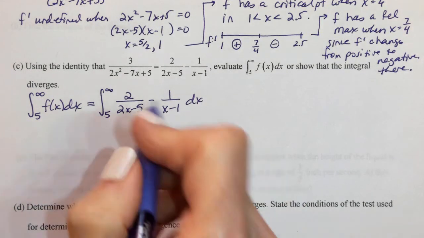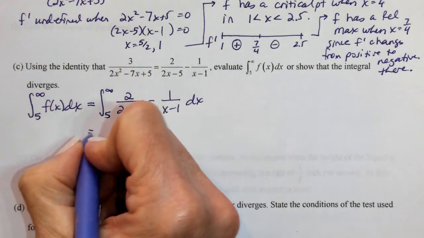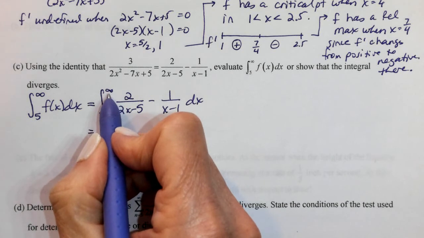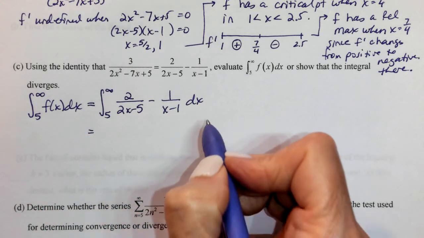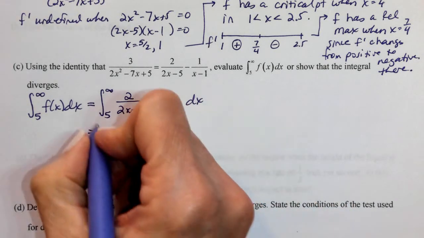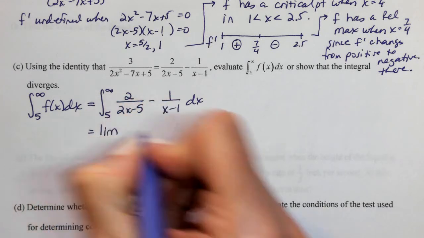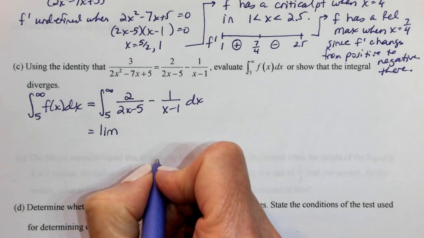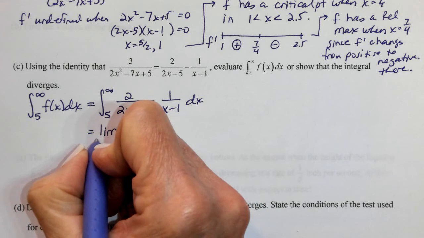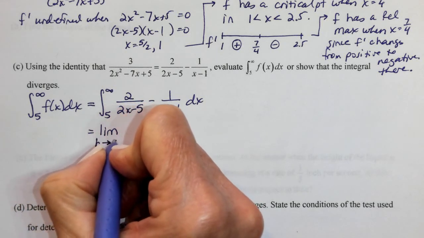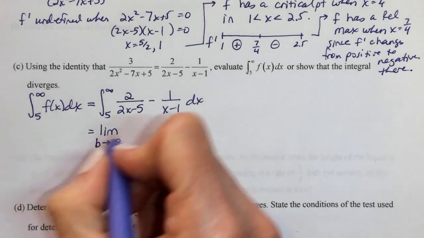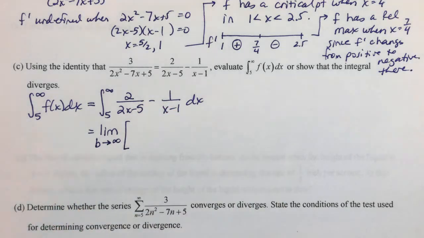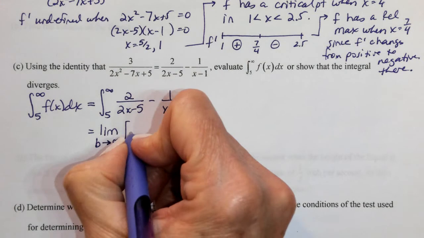Okay, time for antiderivatives. Now, my top boundary is infinity, so I know I cannot put a boundary of infinity. Not only that, I know they're going to give me a point if I write this answer as a limit. So I'm going to write this as my top boundary is going to infinity. And now I'm going to write my antiderivatives. So the numerator is 2, so I'm writing that down.